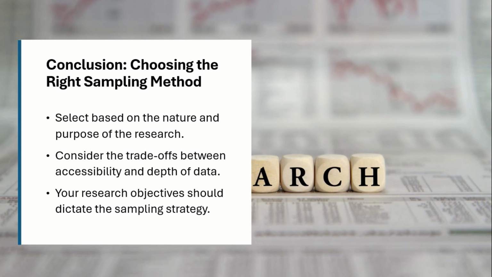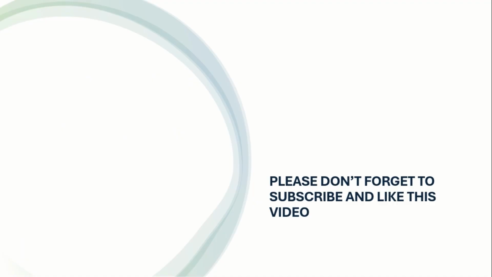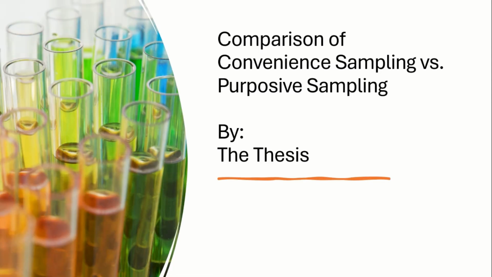Exactly. So to sum up our deep dive today, we've seen how convenience sampling can be a quick, easy, and affordable way for researchers to collect data. Yeah. But it comes with those big caveats about potential bias and limited generalizability. Right. Purposive sampling, on the other hand, is more about making very deliberate choices about who to include to get really rich, in-depth information, especially in qualitative research.